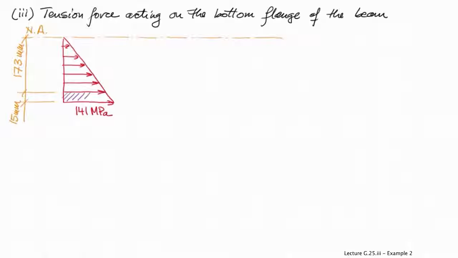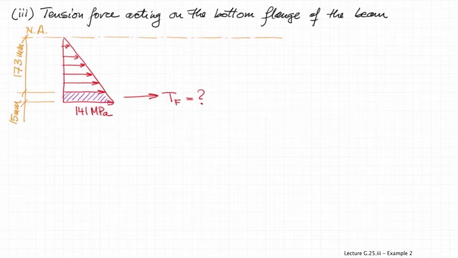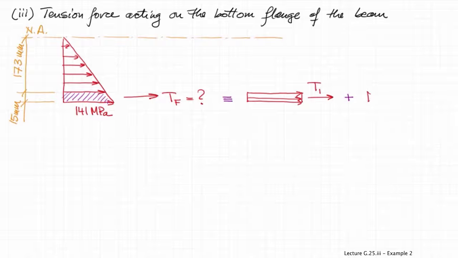And of course we need to determine the total tension force corresponding to this stress block hatched in purple at the bottom, which is a composite stress block. We can divide it as we did before at the top into a uniform stress block and calculate a total tension force for that, plus a triangular stress block and again calculate the total tension force for that and add these together and obtain our result.